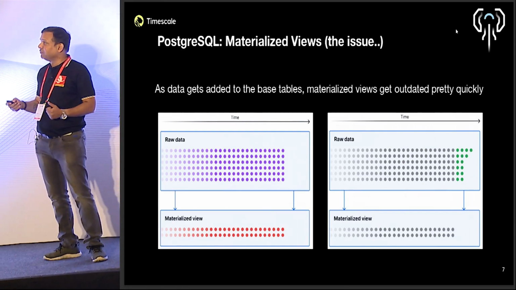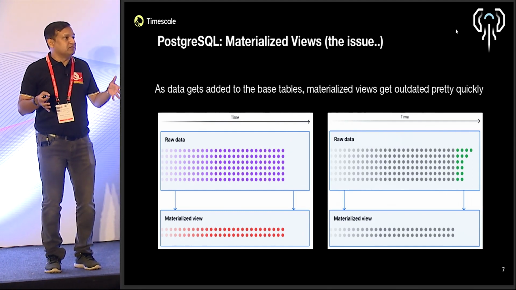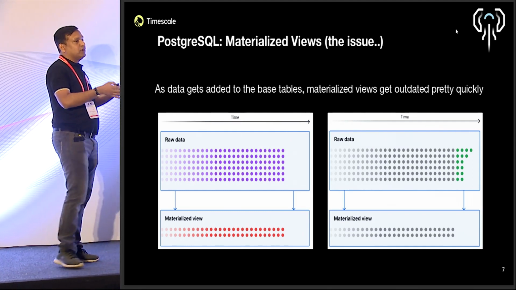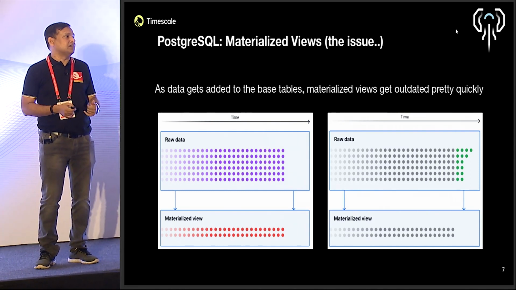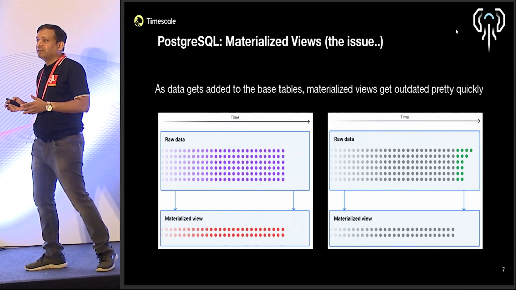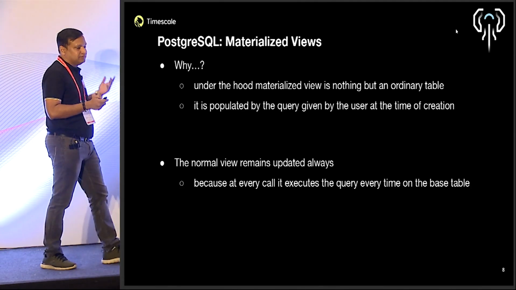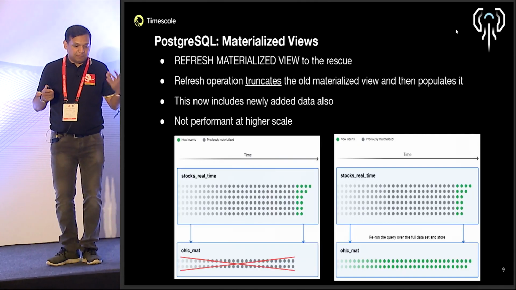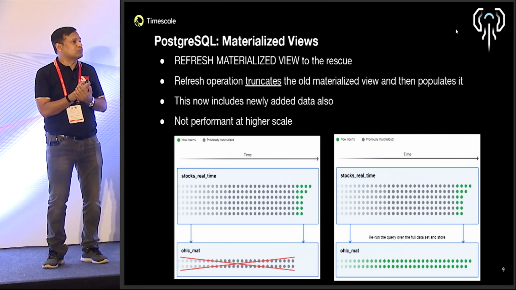But again, materialized views also have an issue. As I mentioned, it's a point in time executed output that you store in that materialized view. But if you have intensive data operations in your table, that mat view gets out of date very quickly. So what do you do there? Obviously, we have refresh materialized view in Postgres.